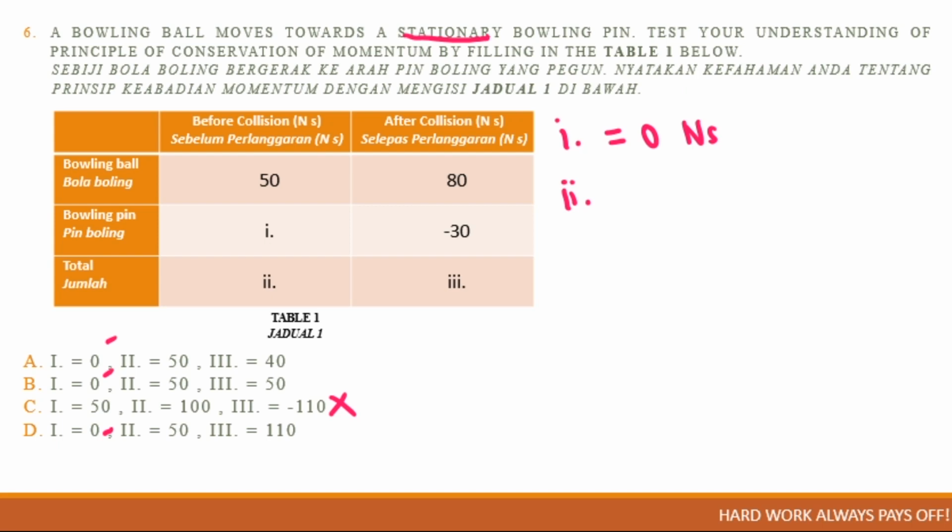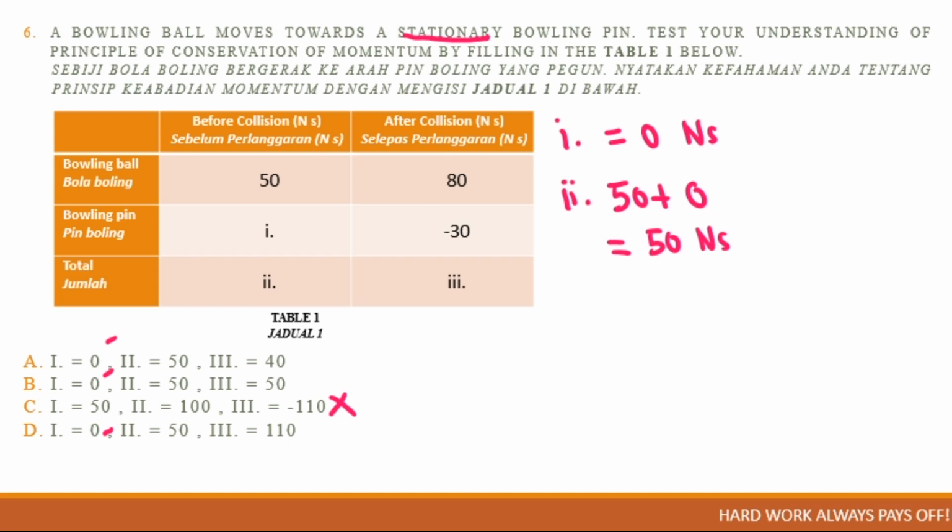So we add the momentum of the bowling ball, which is 50, plus the momentum of the bowling pin, which we found out is equal to 0. Therefore, the total momentum before collision is 50 Newton second.